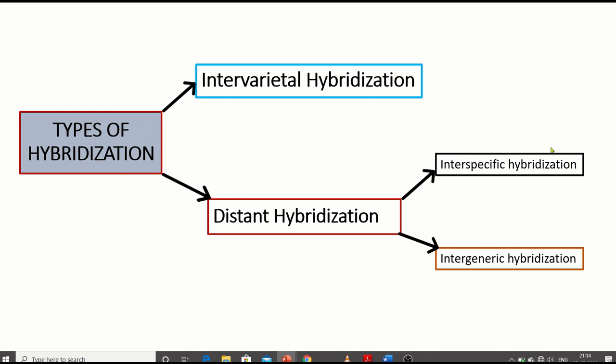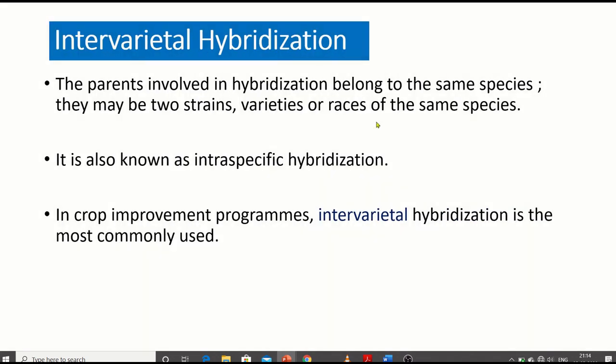There will be better compatibility between parents, and there are successful progenies when crossed with two different parents. Although there is a rare chance, there are successful cases where interspecific crosses can be made without plant tissue culture. So let's see one by one what these are.